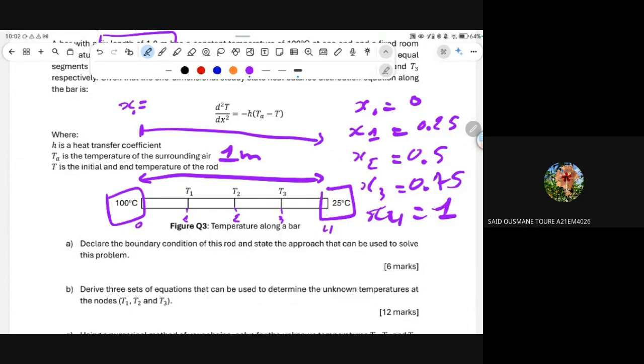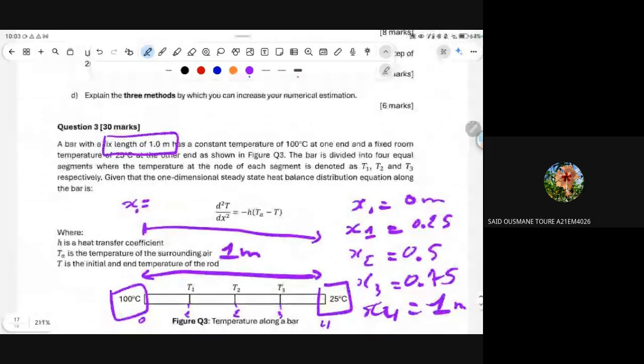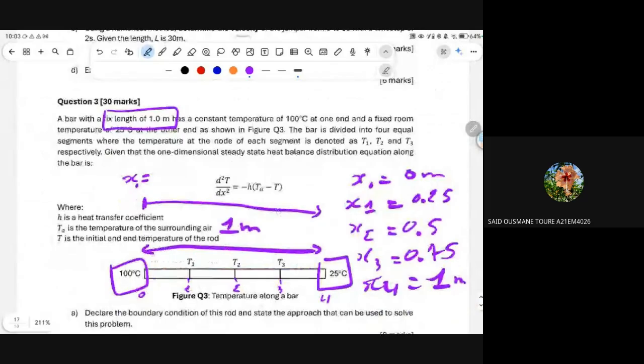The displacement. We are not with the temperature yet. For now, we are just with the displacement. X here starts from 0 meter, and ends at 1 meter because it's a fixed length of 1 meter.